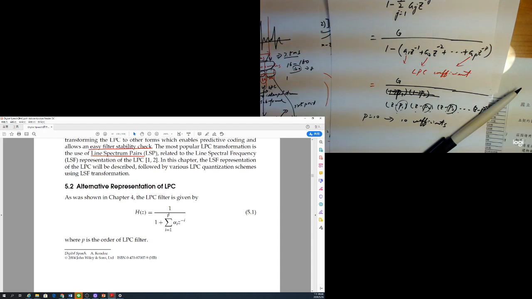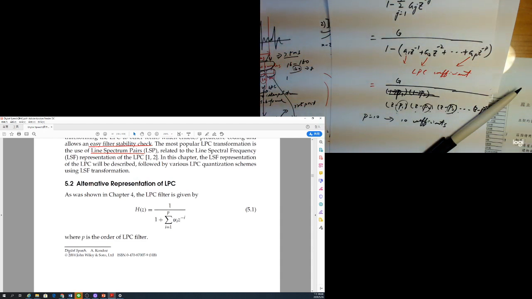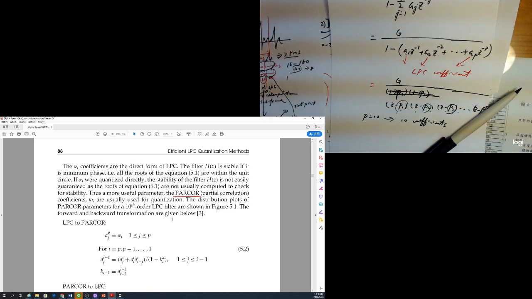We have to model this, do the quantization, and make sure the result is stable. If H of Z is stable, all the poles should be within the unit circle, so we have to consider this issue. If alpha I are quantized directly, the filter stability is not easy to guarantee.